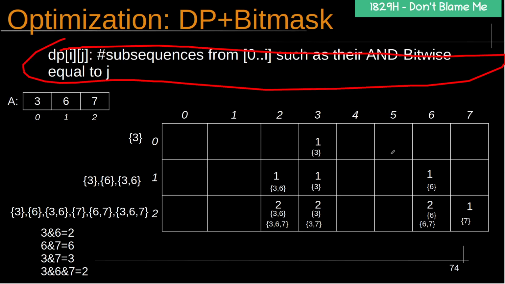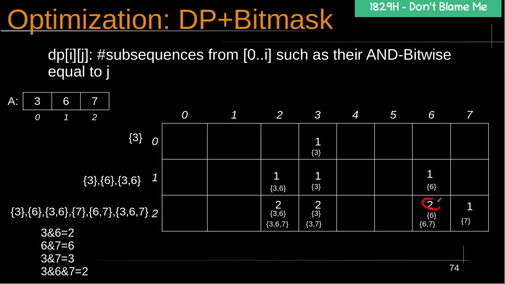As you see here in the table, in each cell, for example, let's take this one, which means 2 here. 2 means that from 0 to 2, we have 2 subsequences whose bitwise AND is equal to 6.